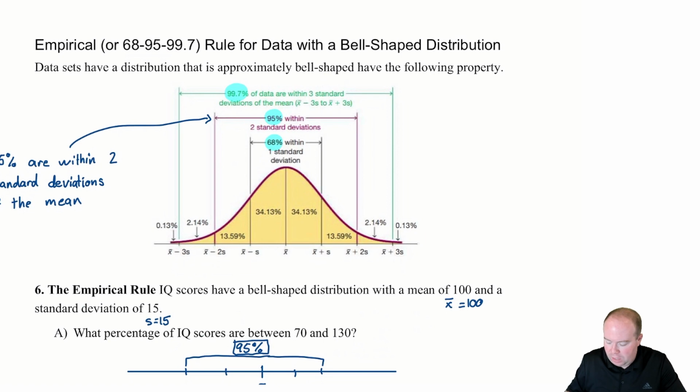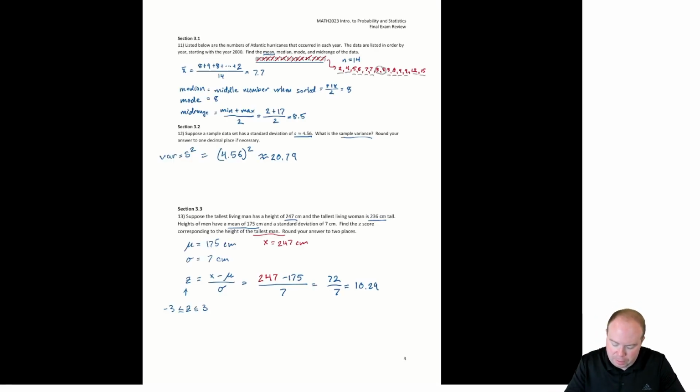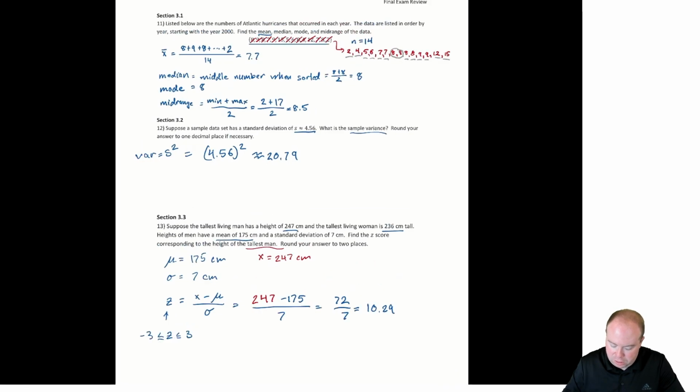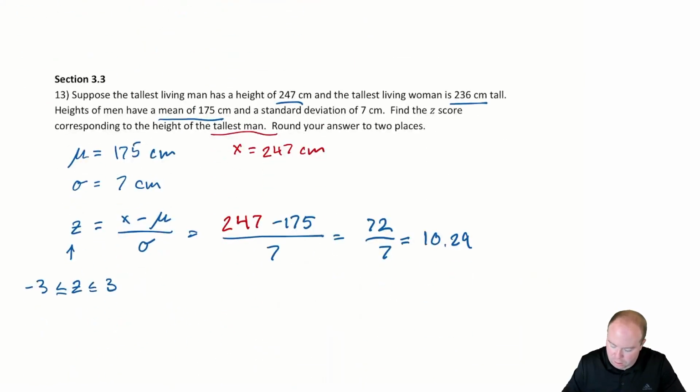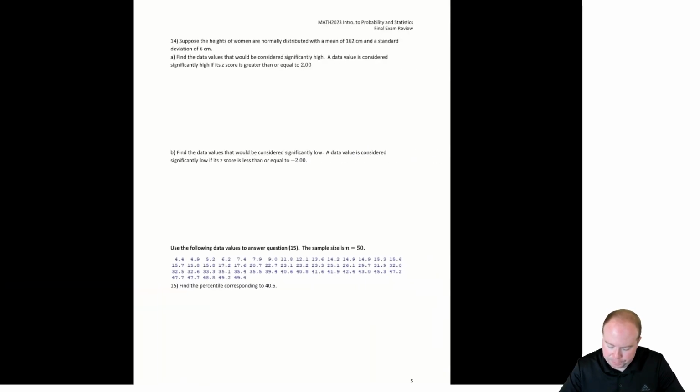So like 10 is way over here. If this curve continues way down, you're going to have barely any area left there. So keep in mind that, yes, this number is large, but it's talking about the tallest man. So, all right. There is 3-3.